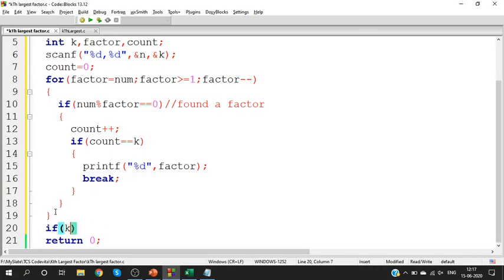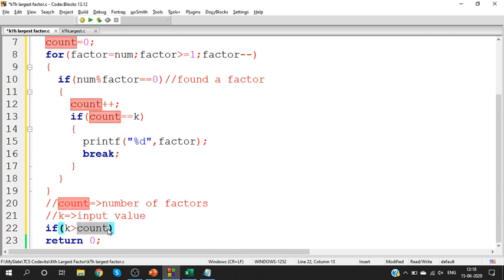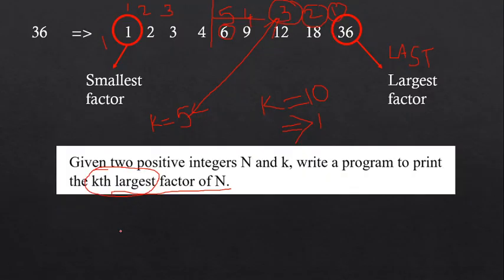That is, finally, if your k is greater than count, what is count? Count is nothing but the number of factors. K is nothing but the input value. If your input is greater than the number of factors, I cannot find the 10th factor of 36. The number of factors is 9.